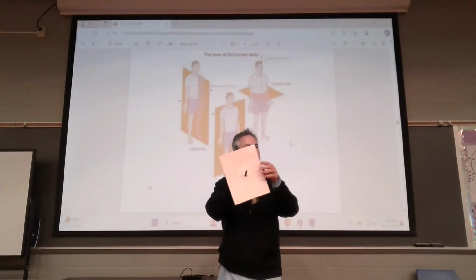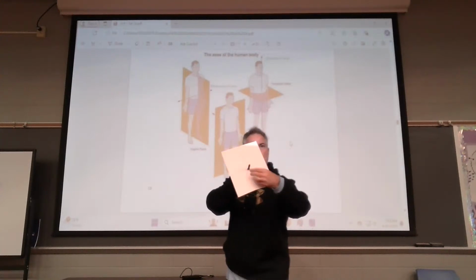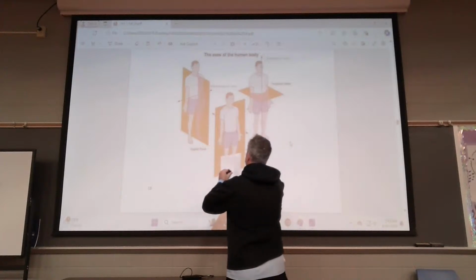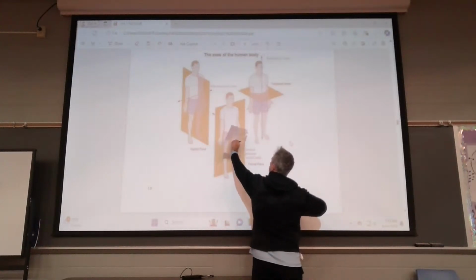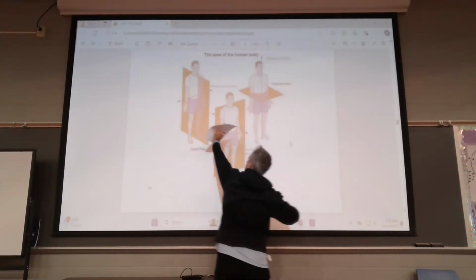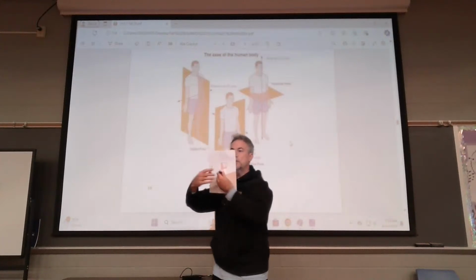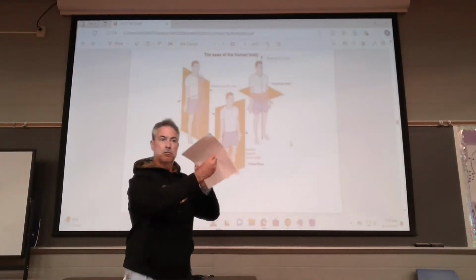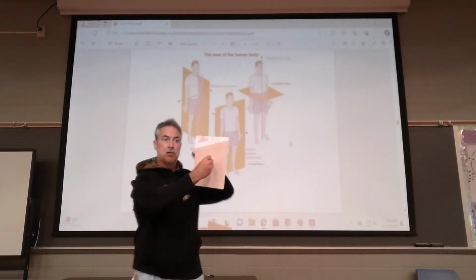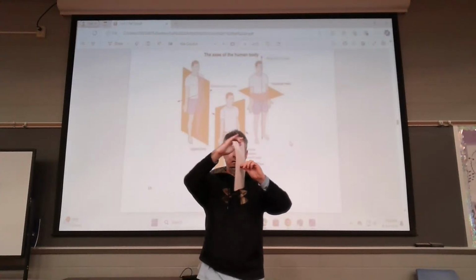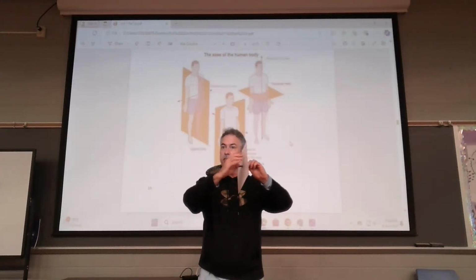Now, here's what's really cool. If I want to change the plane of spin, I have to change the axis of rotation it spins about. Does that make sense? So in other words, if I want to start spinning here, I've got to also move the axis to spin about.